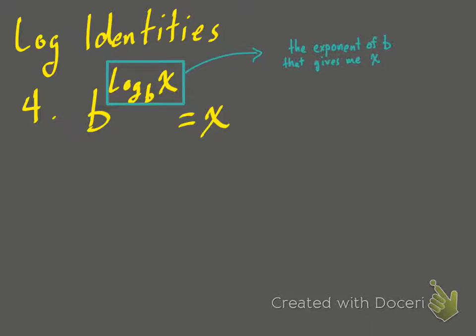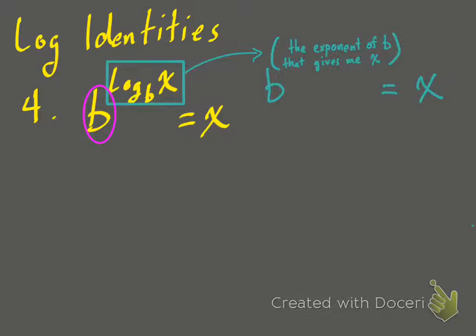Well, what I'm doing is taking b and raising it to that power. So it's b raised to the power of b that gives me x. If I raise b to that power, then it must give me x. That's the only thing it can equal. It's a weird thing. It's kind of like saying the same thing twice inside of itself.